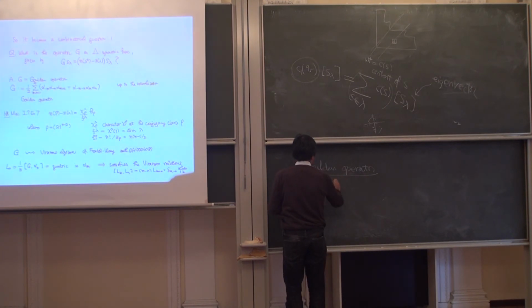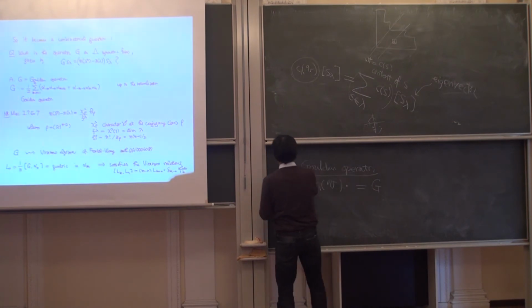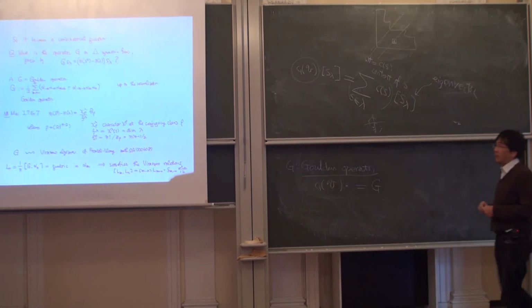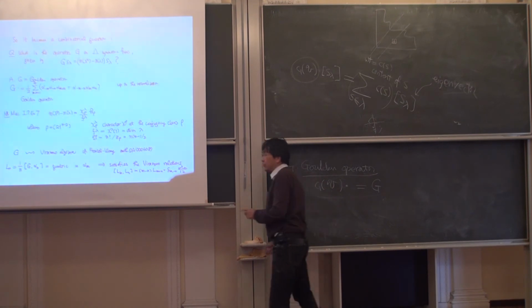So we conclude that the c_1 multiplication is the Goulden operator. The Goulden operator is just some cubic expression.